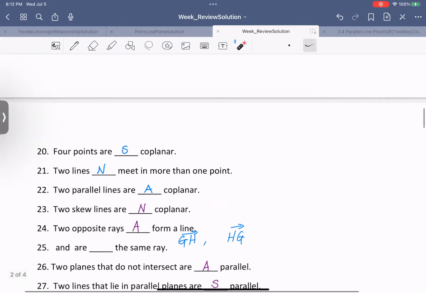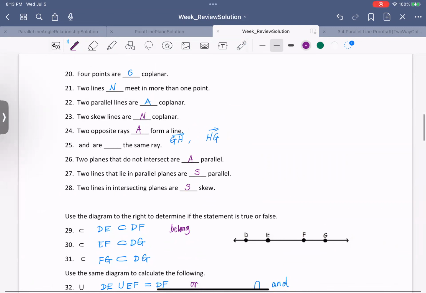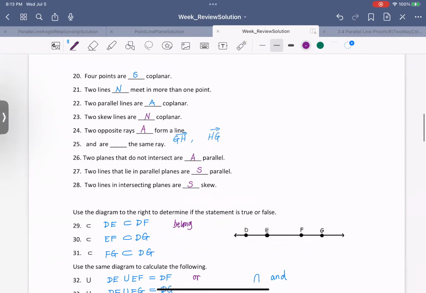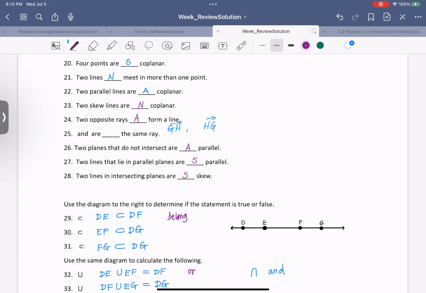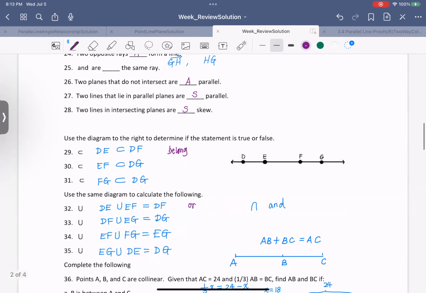Next one. Two lines in intersecting planes are sometimes skew. Good. That's it. I do see that all students here are really paying attention and doing a great job. I'm proud of all of you today.